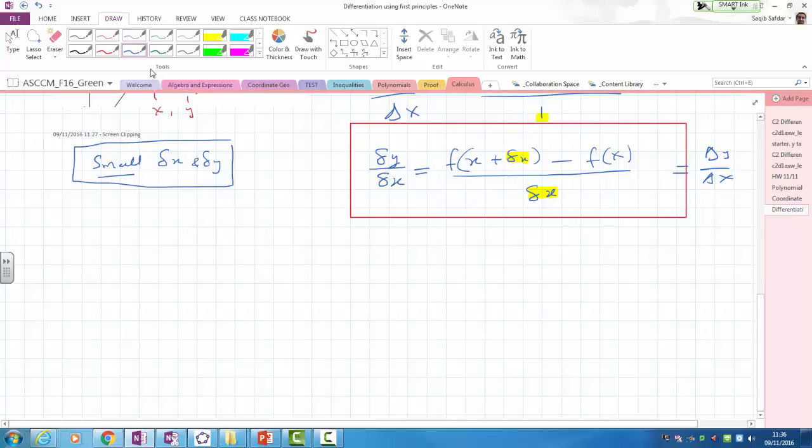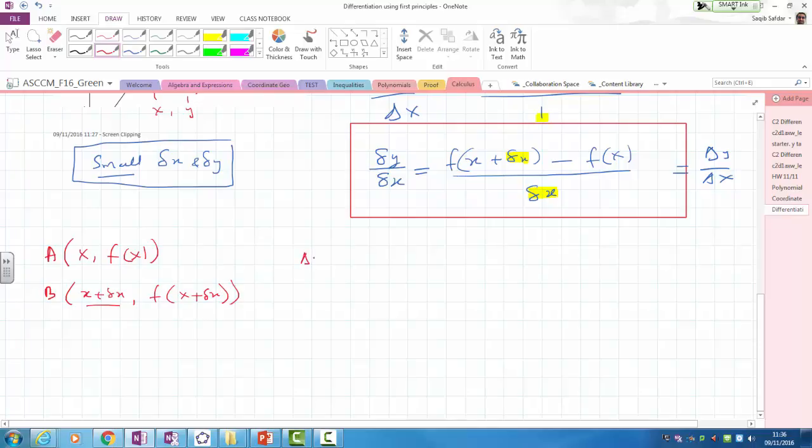While you're copying that down, I'll just explain this one more time. If I've got some point A, the x coordinate of A is x, and the y coordinate will be f of x. I've got a point B. Well, this is going to be slightly away from A, so I'm going to have x plus some small amount. Then the y coordinate will just be, you take your input, and that will be my y coordinate.